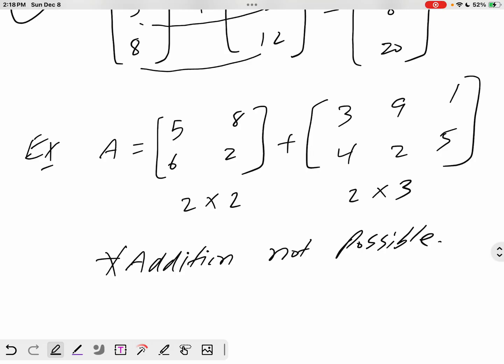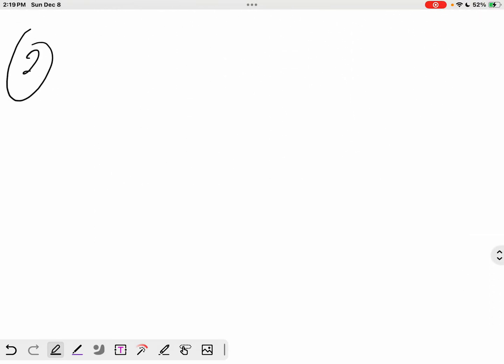Okay, so when you subtract matrices, subtraction is the same as adding the opposite. So that's your second objective, number 2, matrix subtraction.